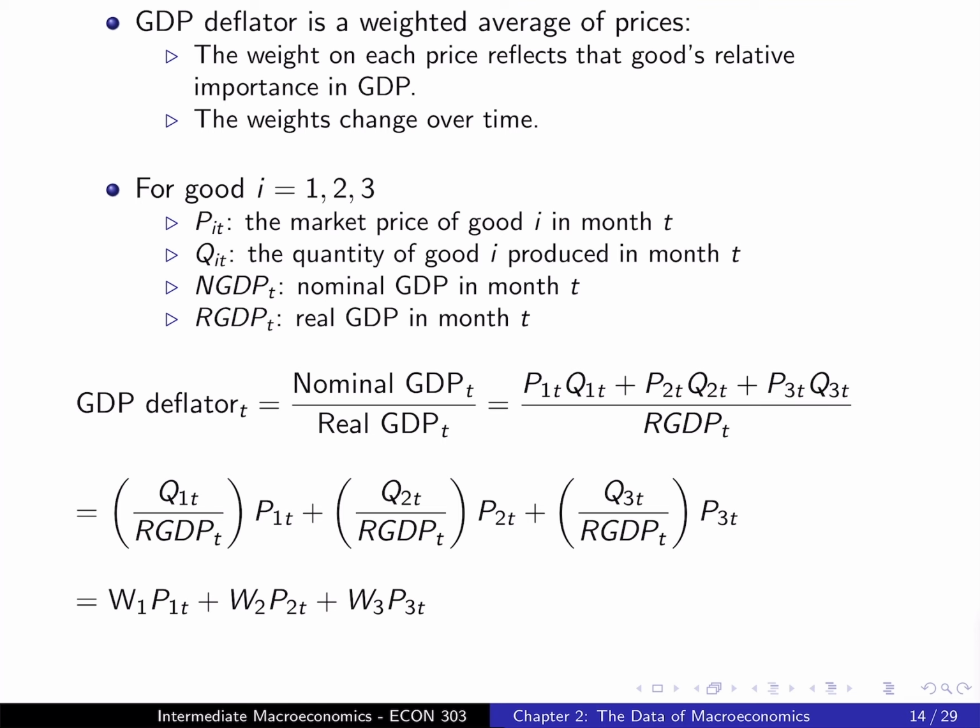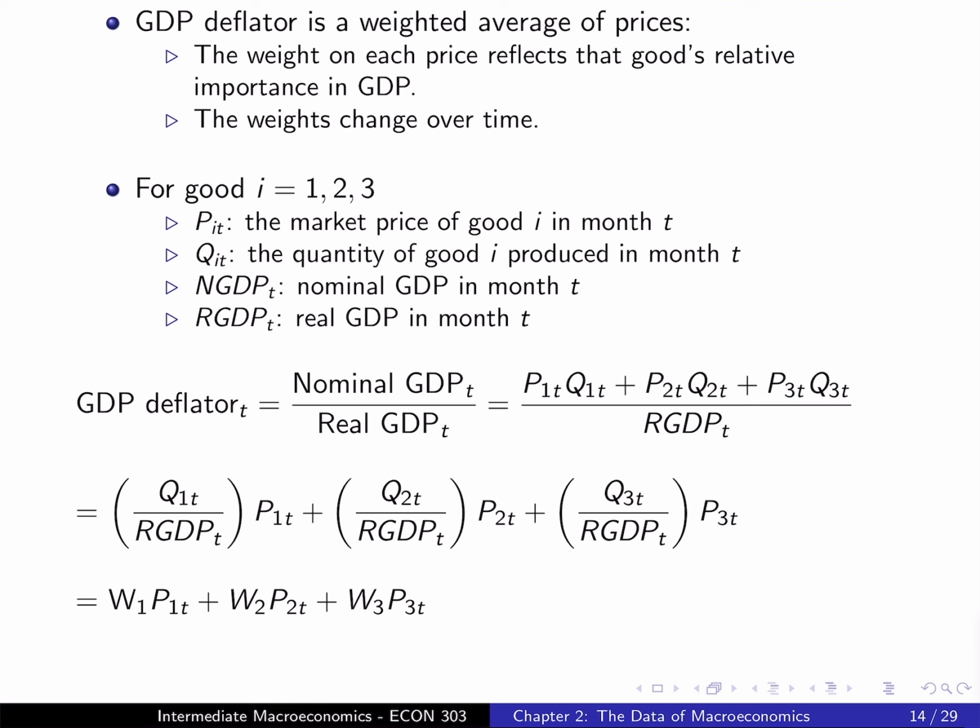Rewriting this in terms of weights, that equals Q1t over real GDP_t times P1t, plus Q2t over real GDP_t times P2t, plus Q3t over real GDP_t times P3t. Letting W_i, such as Q1t over real GDP_t, be the weight for each good.